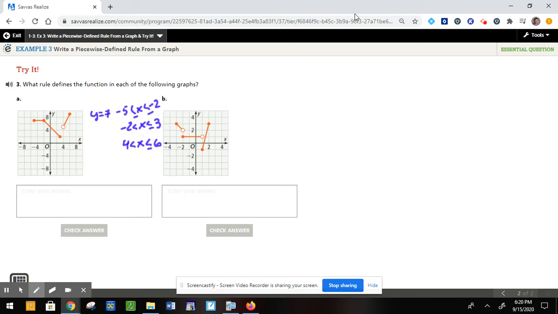All right, this line here, let's see. It's hard to tell instead of just counting, so I guess we'll just talk about it in terms of the points. That ordered pair there is -2, 7. And that ordered pair there is 3, 2.